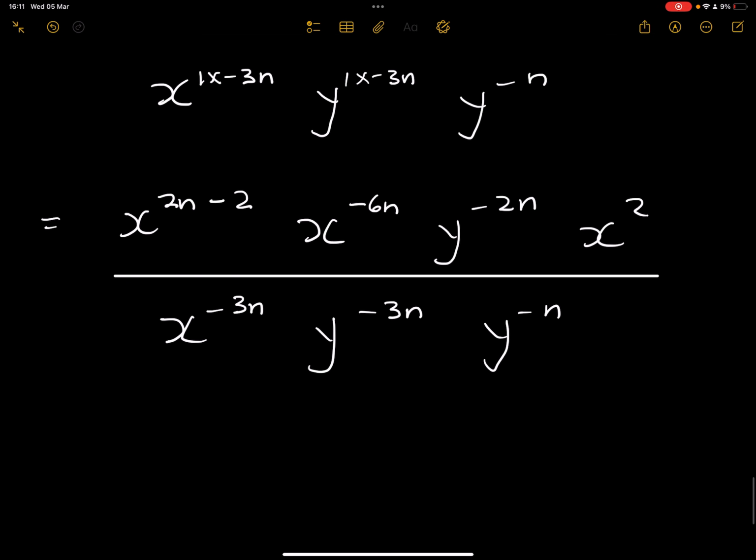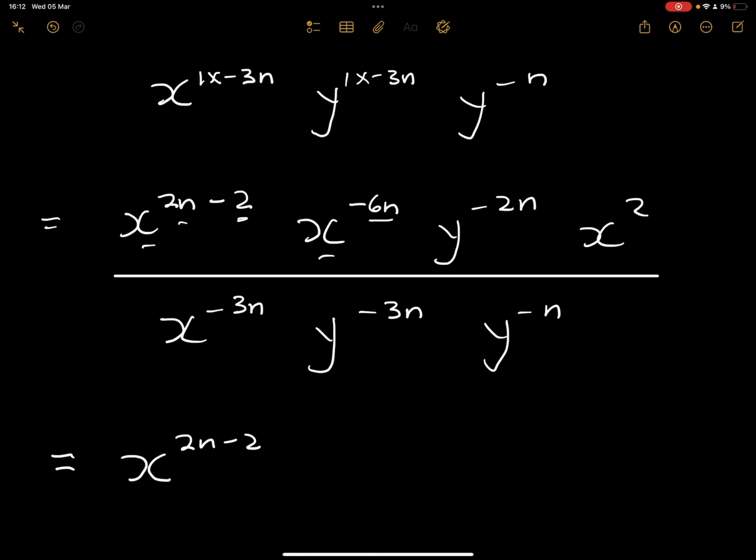All right, now let's group all the bases that are the same. Please, I want you to follow me in this. Right, so we've got bases that are the same. We've got 2n minus 2, right? We said if bases are the same and we are multiplying, we add the exponents, right? So that will be 2n minus 2.